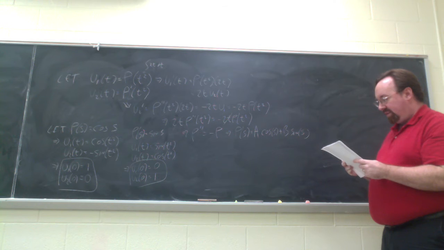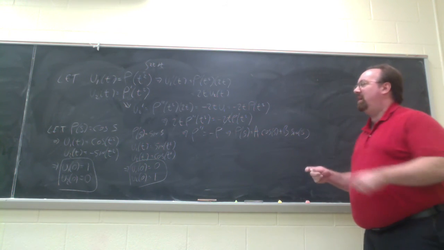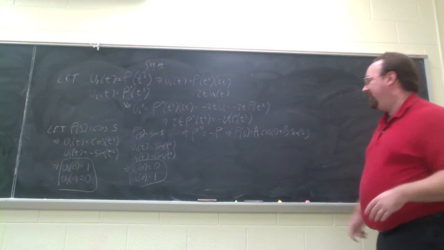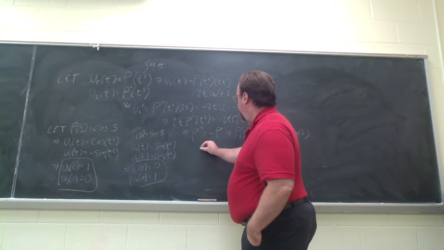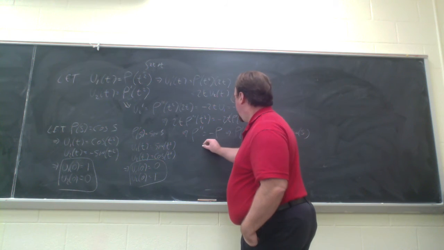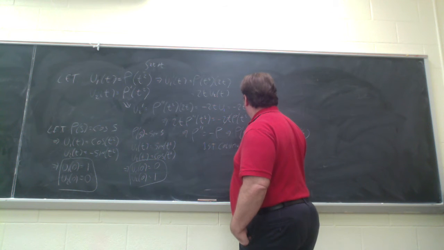Okay, now it's not the u's that I want though. Remember, my first system had x1 and x2. I actually need those. So for the first column of a fundamental matrix, P is equal to cosine.